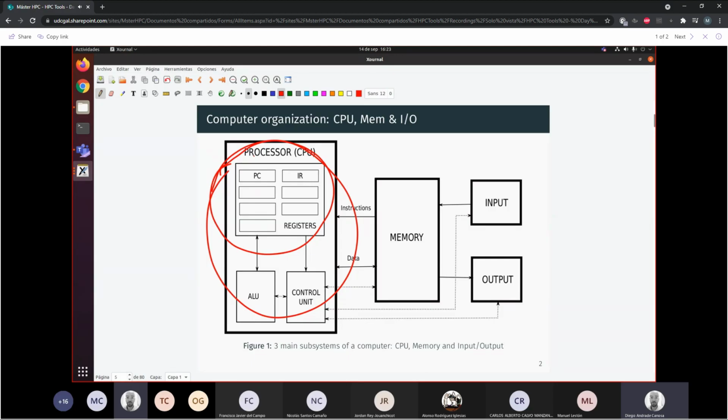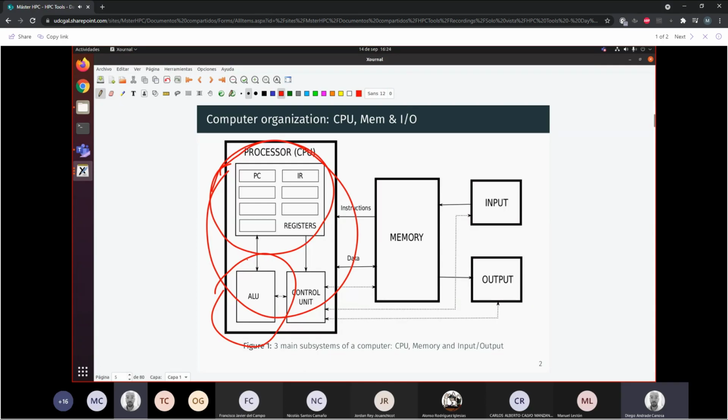In order to perform different operations, we need something called arithmetic logic units. The idea is that they can perform different kinds of arithmetic logic operations. So if you want to make an addition, you are going to have one of these units that is able to add two numbers, two floating point numbers or two integer numbers, depending on the situation.